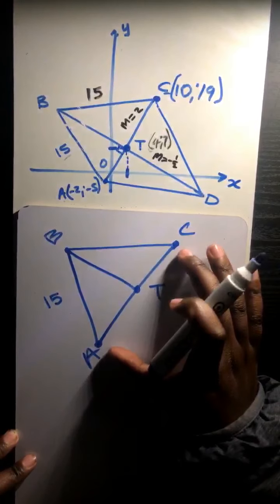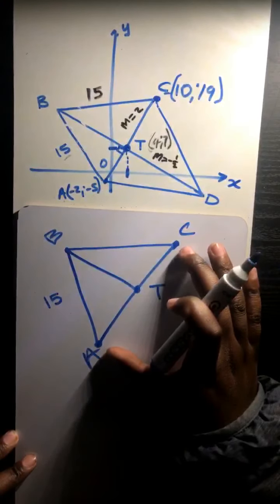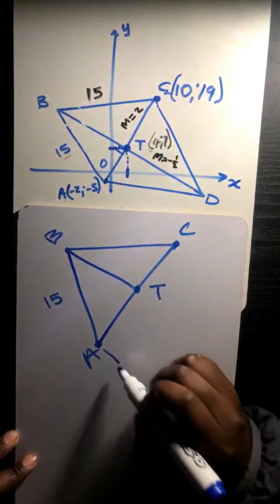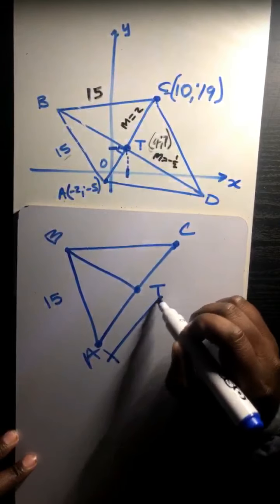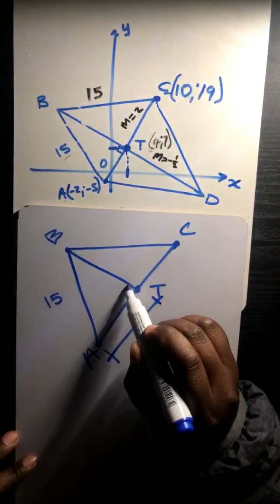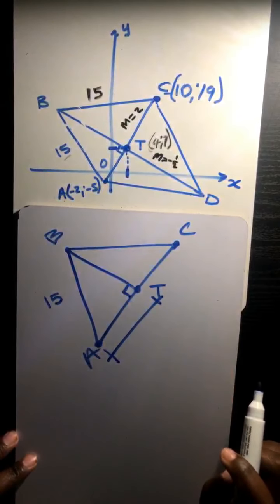But we can calculate the length from A to T. Why would I do that? It's because I know this is a right-angled triangle.